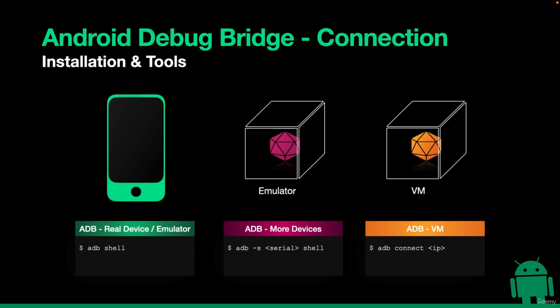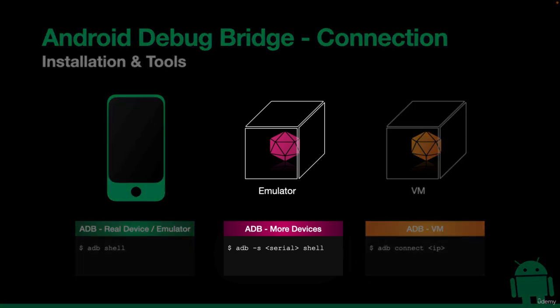The point where it's getting problematic is if you have multiple devices. If you have an emulator and a real device connected to the same system and we trigger a command, for example ADB shell, then the ADB server does not know which device we are targeting. I mean, even I wouldn't know which device I would like to target. I have to tell this to ADB, and this can easily be done with the serial number.